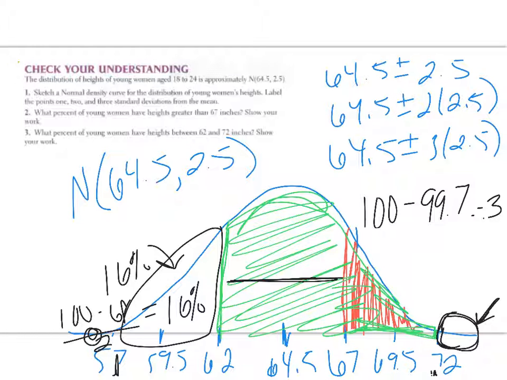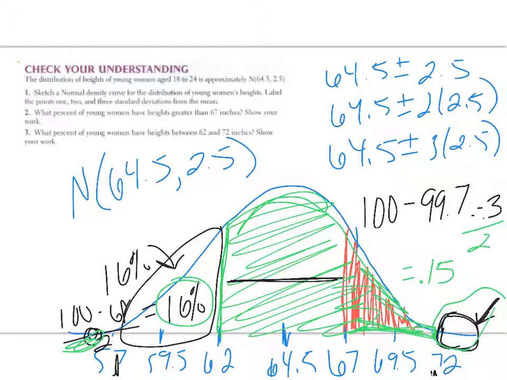So this tail down here on the left was taken care of in this 16% that I calculated here. So I only need this tail on the right. So once again, I need to divide by 2. So now I get 0.15. So now I know the areas that I don't want.